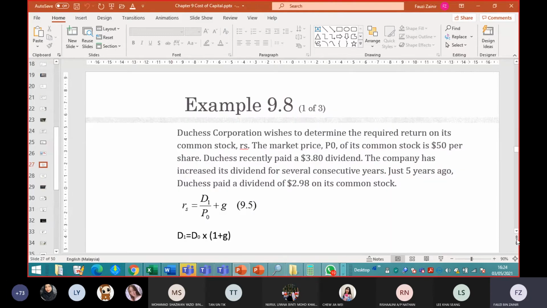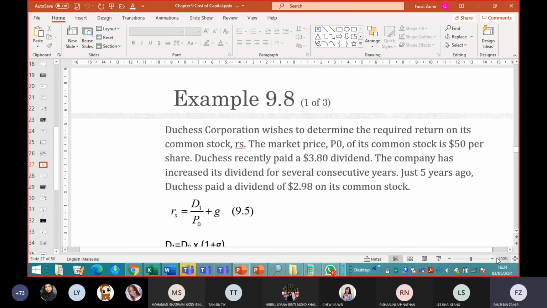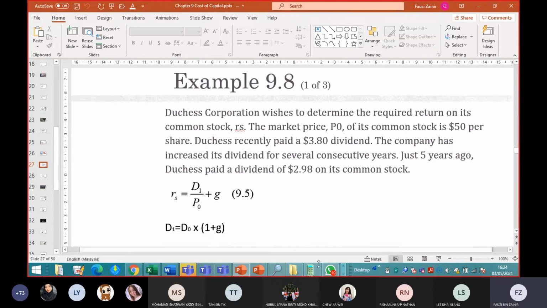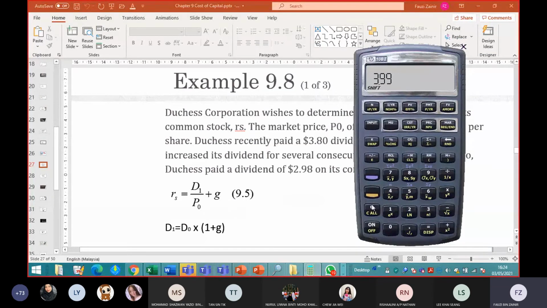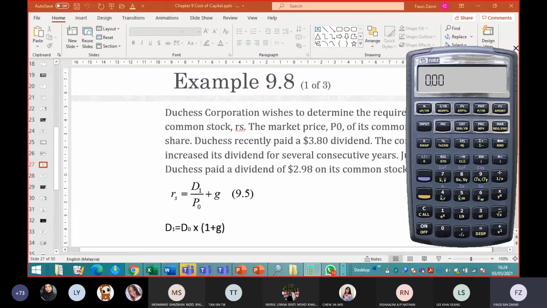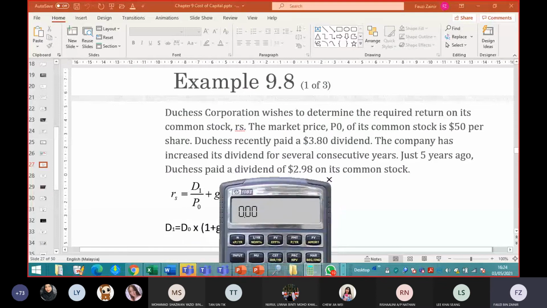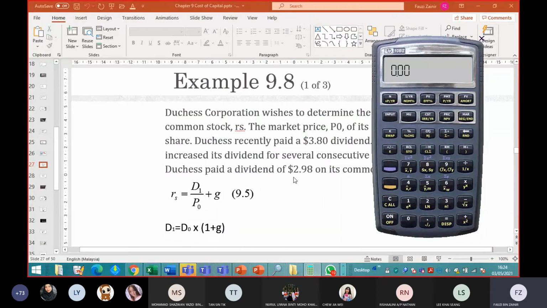Let's just bring our own calculator here. What we want to find is the G first. The G is based on the growth of the dividend. Five years ago, the dividend was $2.98, and right now it has grown to $3.80.